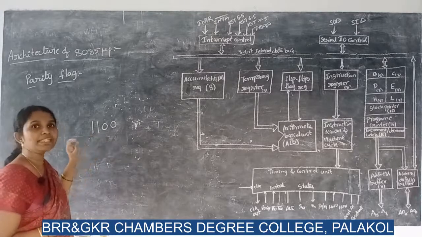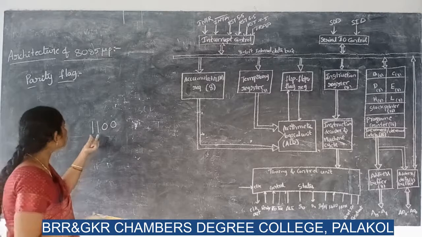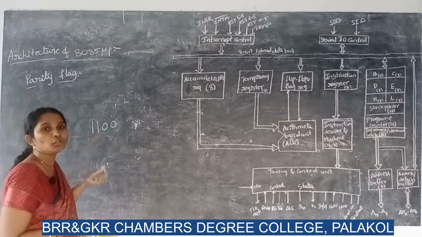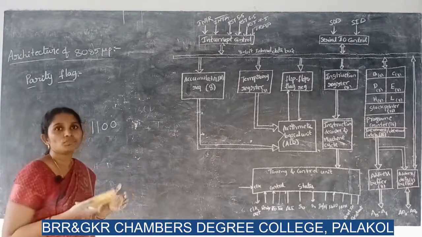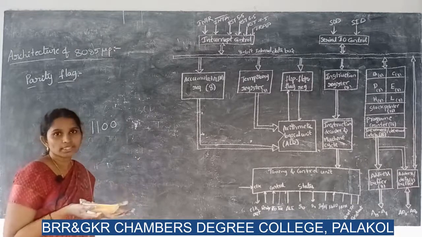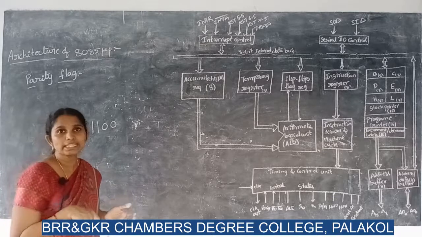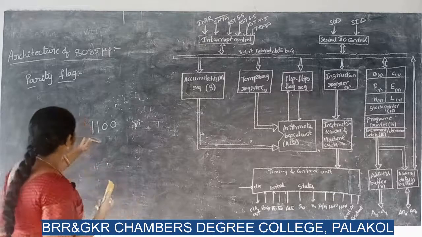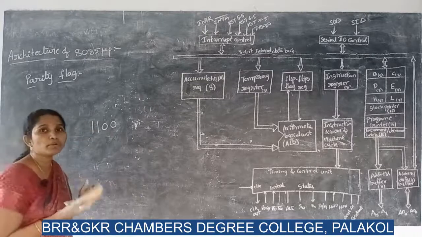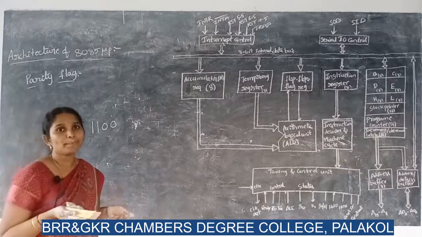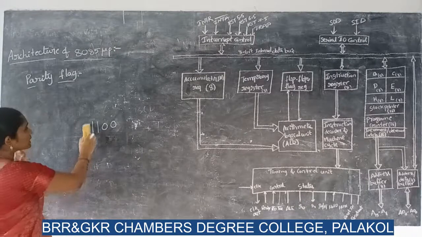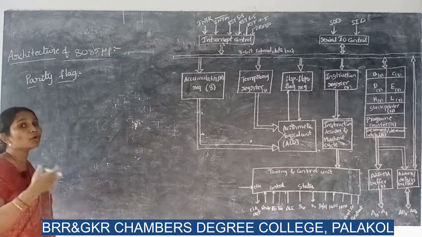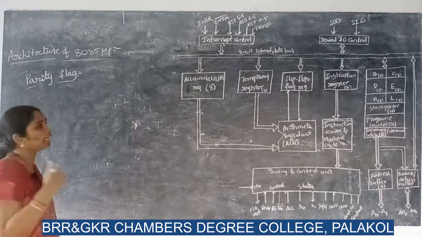Two, that means even. So 2 ones are there, that means the accumulator will count. If an even number of ones are there, the even parity is set. If an odd number of ones are there, the odd parity is set.